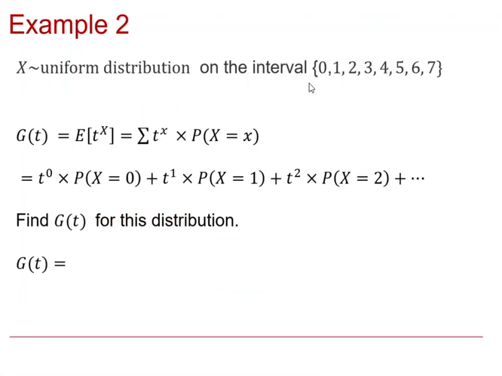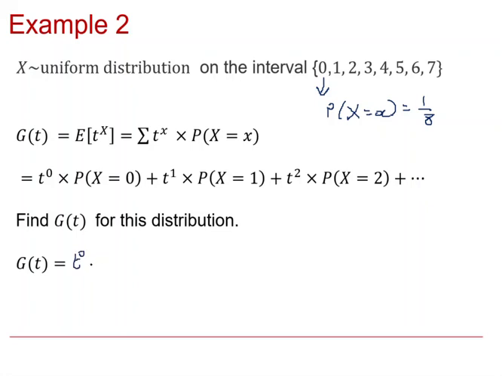Example 2 is looking at a uniform distribution, so we have 8 possible outcomes. It's uniform, so the probability of any one outcome is the same as any one other outcome. So the probability that x takes any one of those values is going to be 1/8. And if we look at the generating function for this distribution, we can take the value x equals 0.